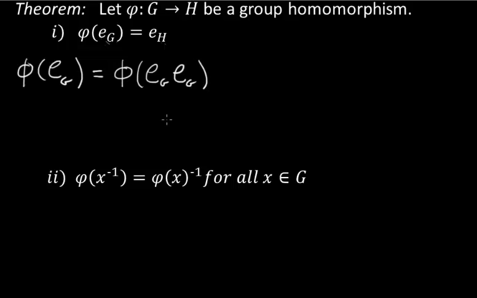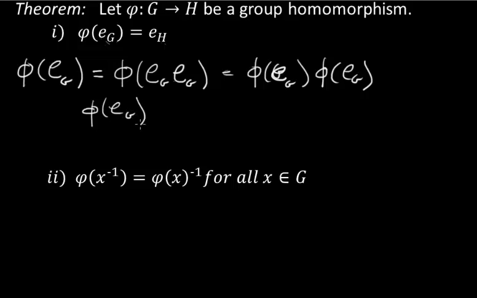Same thing, right? And that is phi of e sub G times phi of e sub G, because phi is a homomorphism. Okay, so now we have this. We have phi of e, the identity in G, is the same thing as itself squared, right?